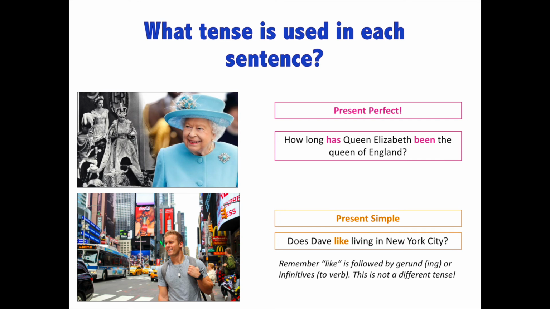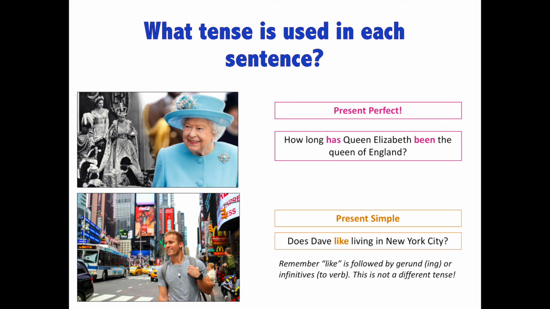You also can see living, and that might be confusing, but if you remember verb patterns from level 6, and we also talked about it in level 3, this is just a verb pattern. Like, the verb like, is followed by a gerund, which is verb ing, or infinitive. Okay?